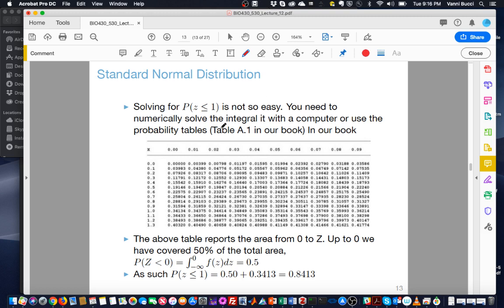For example, in table A1, which is the table we use from our book, the book reports the area from 0 onward.